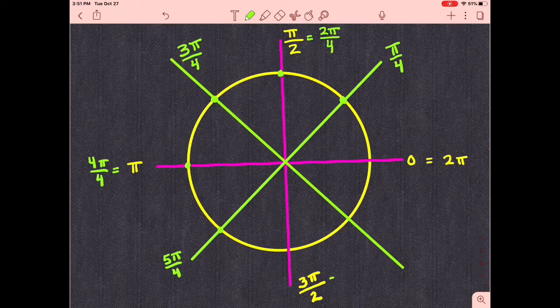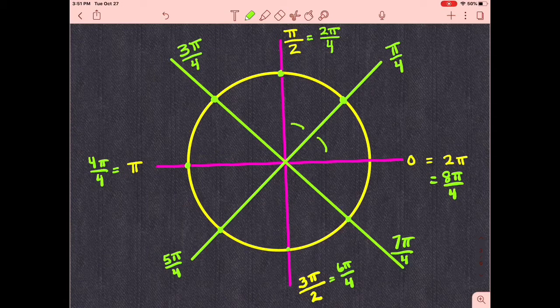Down here would be 6 pi over 4, which you notice would cancel to be 3 over 2. And then here is 7 pi over 4. And then when we get to the end, we have 8 pi over 4, which would cancel to be 2 pi. So we have split this into actually 8 pieces.